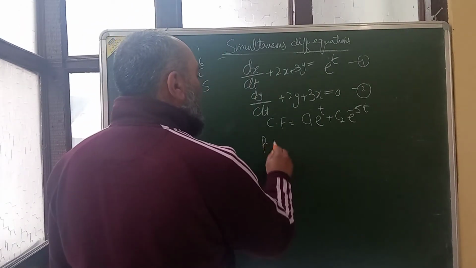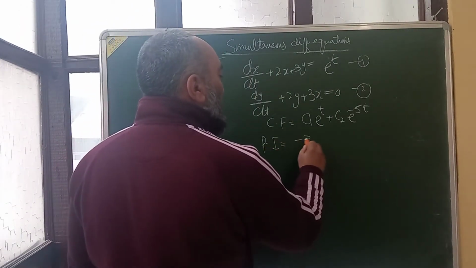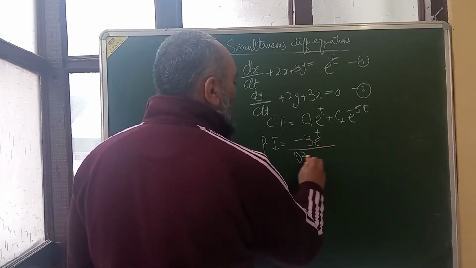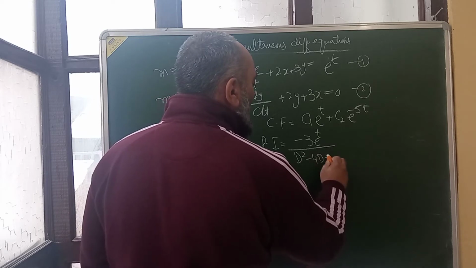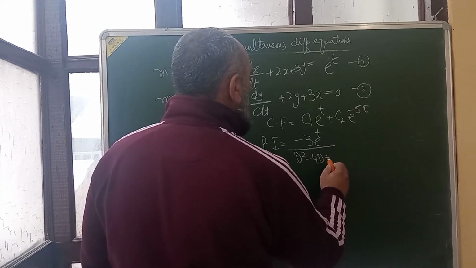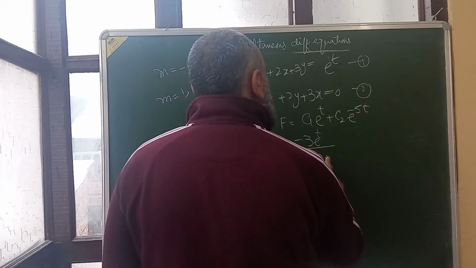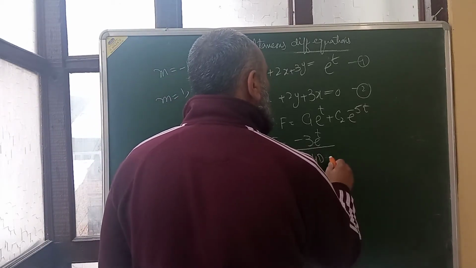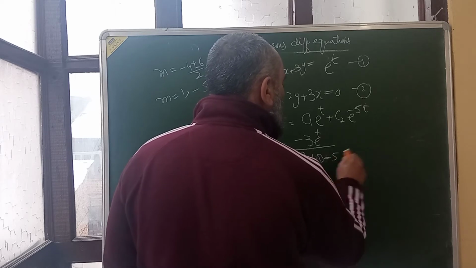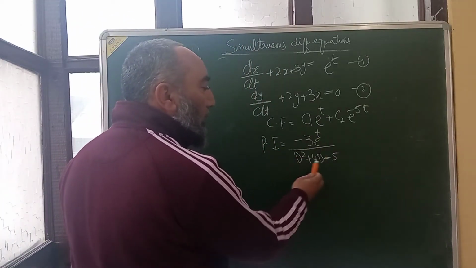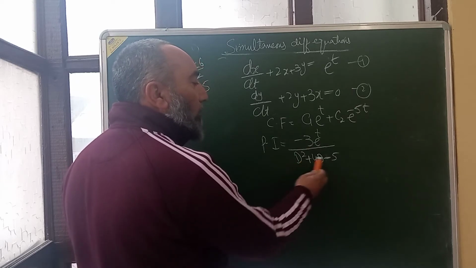The particular integral is minus 3 e raised to the power t upon d square plus 4d minus 5. This was the question. And you can see, if you replace d by 1, this is a case of failure: 1 plus 4, 5, minus 5.